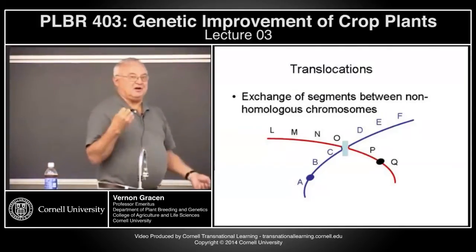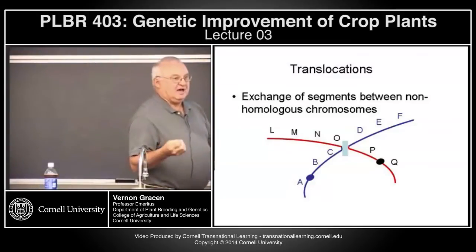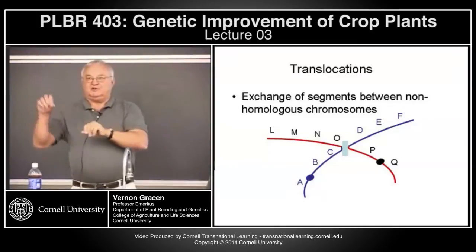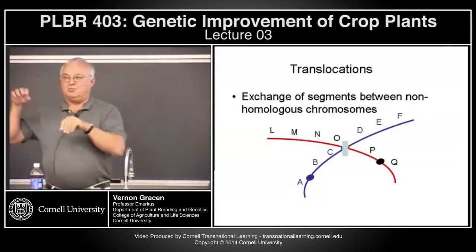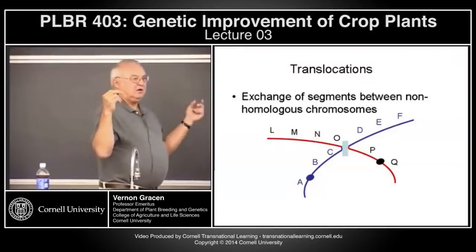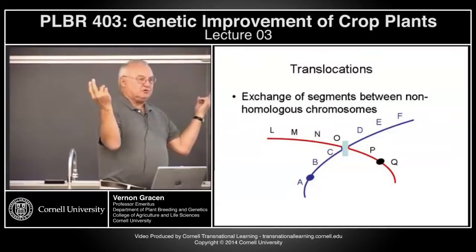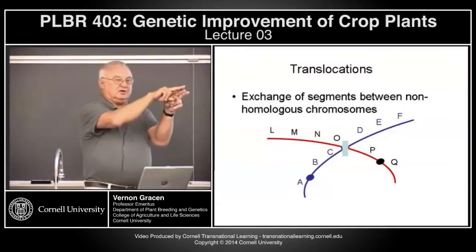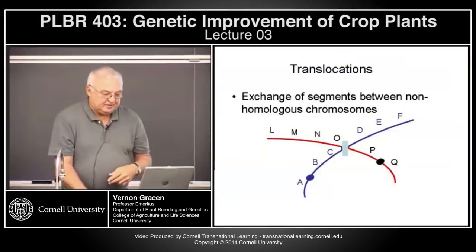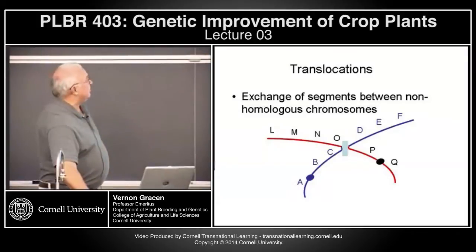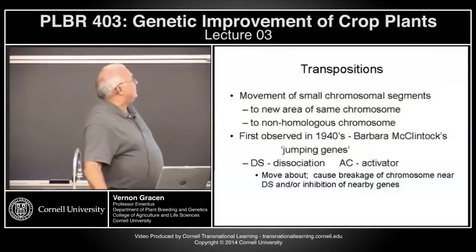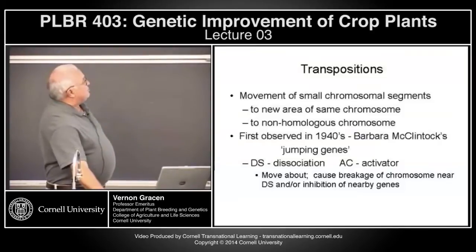And some of our crop plants have several different basic genomes, so that they have chromosomes in one or more of those basic genomes that are similar, and sometimes these chromosomes get confused and chromosomes that aren't really true homologs match up.